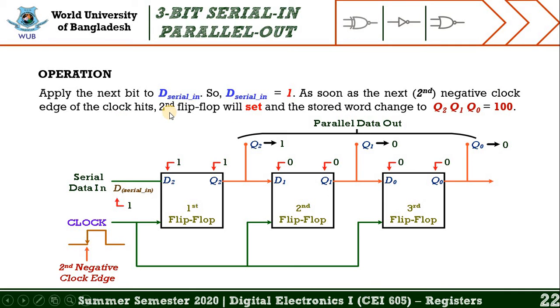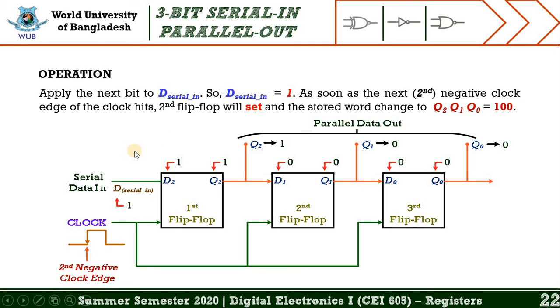In that case, the second flip-flop will be in set condition, like the previous operation, and the stored data would change as follows: Q2, Q1, Q0 is equal to 1, 0, 0.